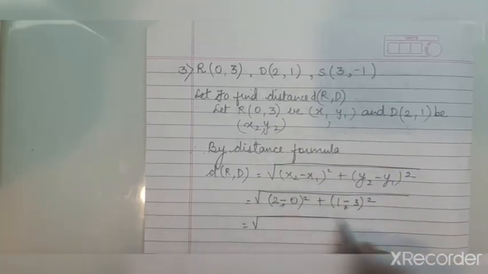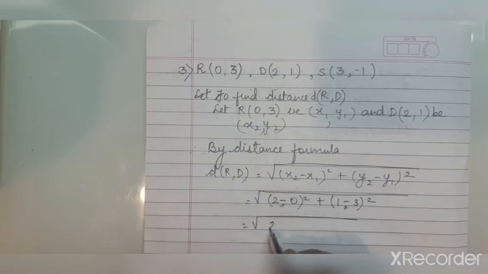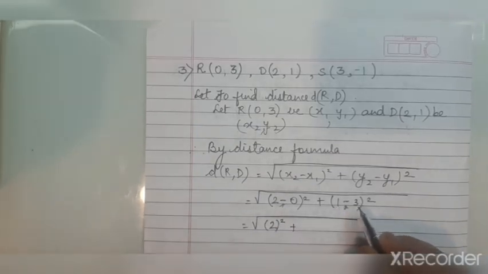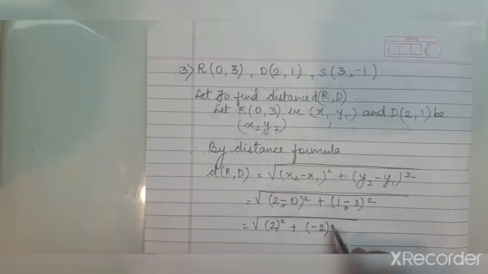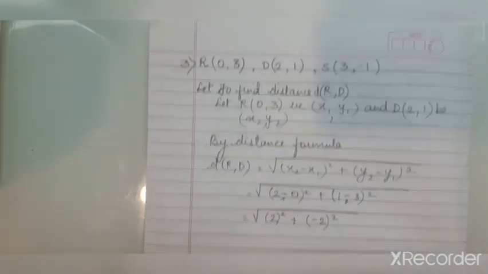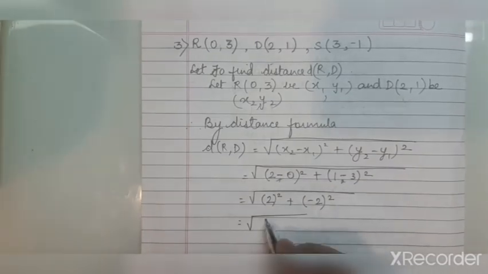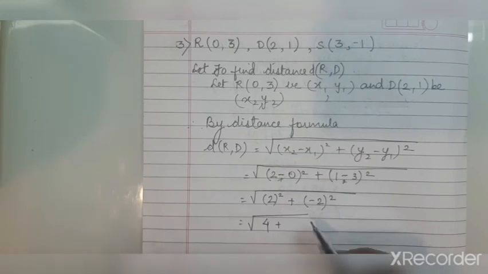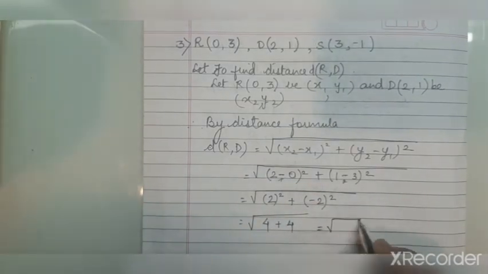So here 2 minus 0 is 2 square plus 1 minus 3 is minus 2 the whole square. Signs are different, write the sign of the greater number and subtract. Now 2 square is 4 and square of a negative number is positive and 2 square is 4. 4 plus 4 is 8.